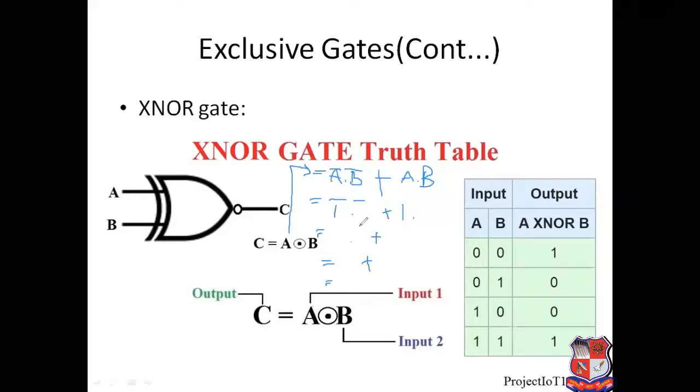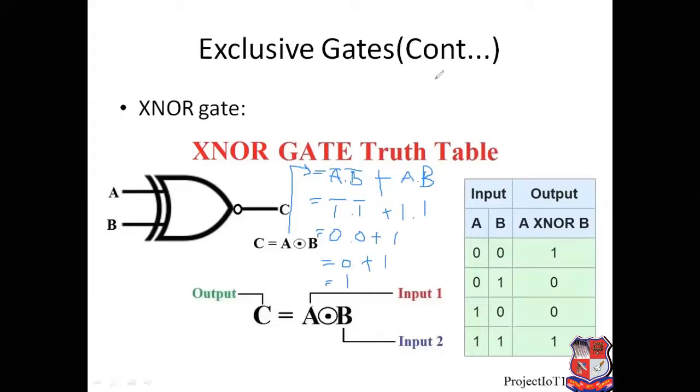So I will put both the values 1, 1. So 1 bar is 0, again 1 bar is 0, 1 into 1 is 1, 0 into 0 is 0, 1 as it is, 0 plus 1 is 1. So here you can see that if you have both the inputs 1, then your output should be 1.